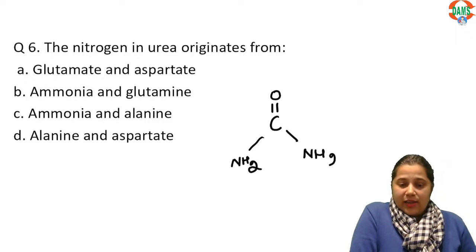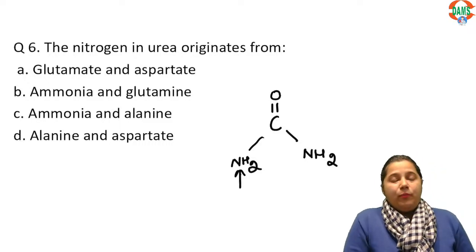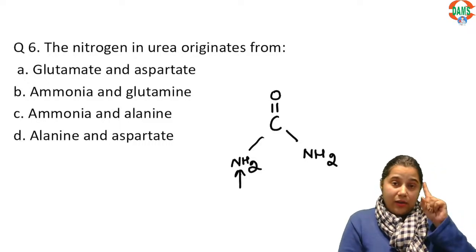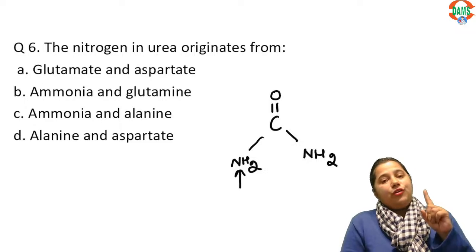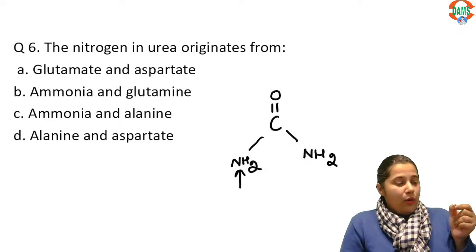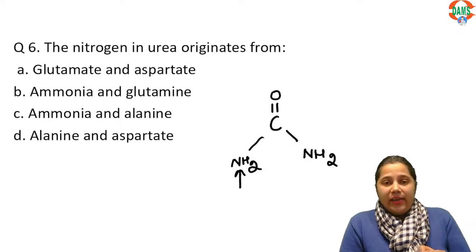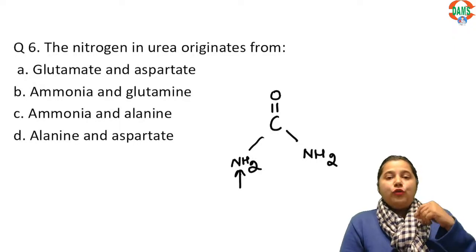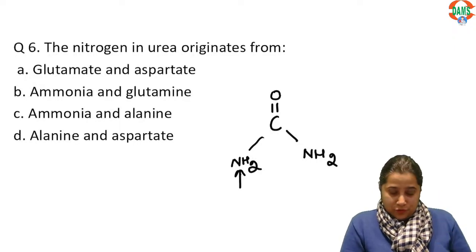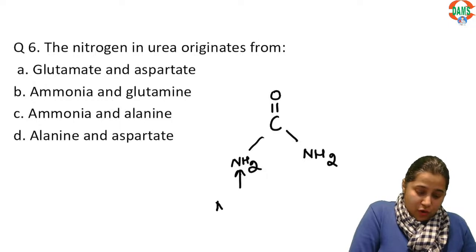One of these nitrogens is incorporated from ammonia during the very first reaction of the urea cycle, where carbon dioxide reacts with ammonia to form carbamoyl phosphate. So this comes from ammonia.